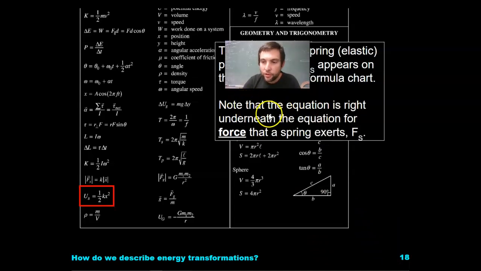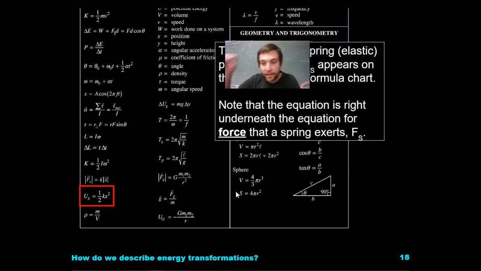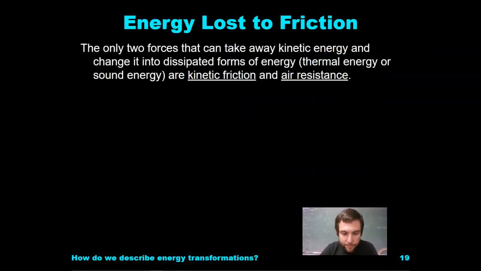Note the equation is right underneath the equation for the force that a spring exerts. So you have your Hooke's law right here for the force a spring exerts, and then spring potential energy below that. And of course, by now your equation sheet looks different. Hopefully it doesn't look too different. Speaking to those in the future.